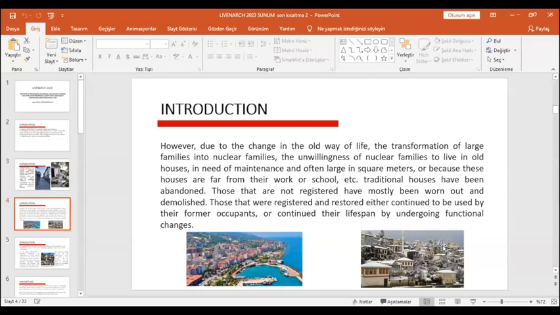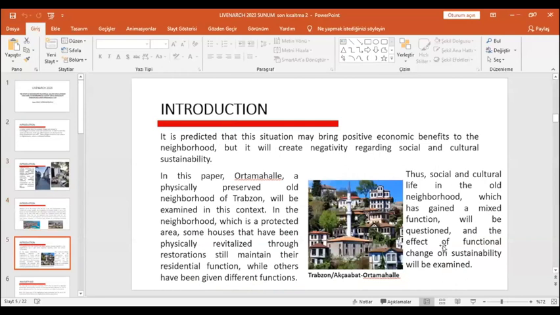Those that are not registered have mostly been worn out and demolished. Those that were registered and restored either continued to be used by their former occupants or continued their lifespan by undergoing functional change. It is predicted that this situation may bring positive economic benefits to the neighborhood, but it will create negative effects regarding social and cultural sustainability.